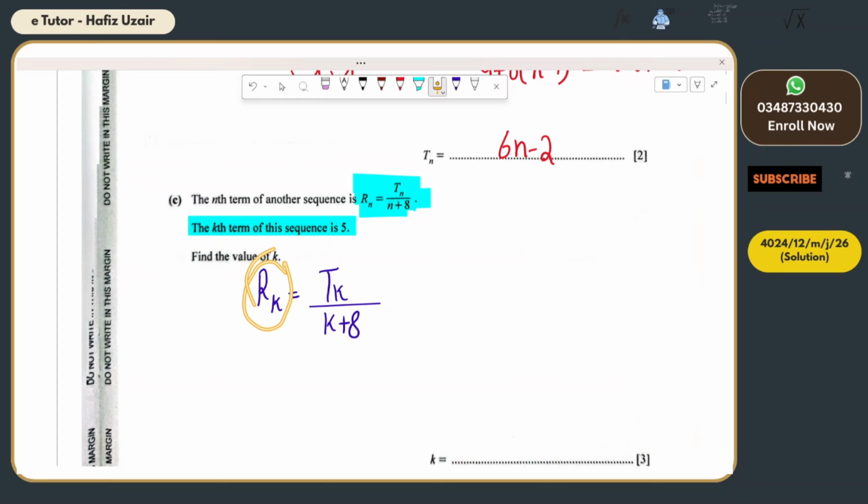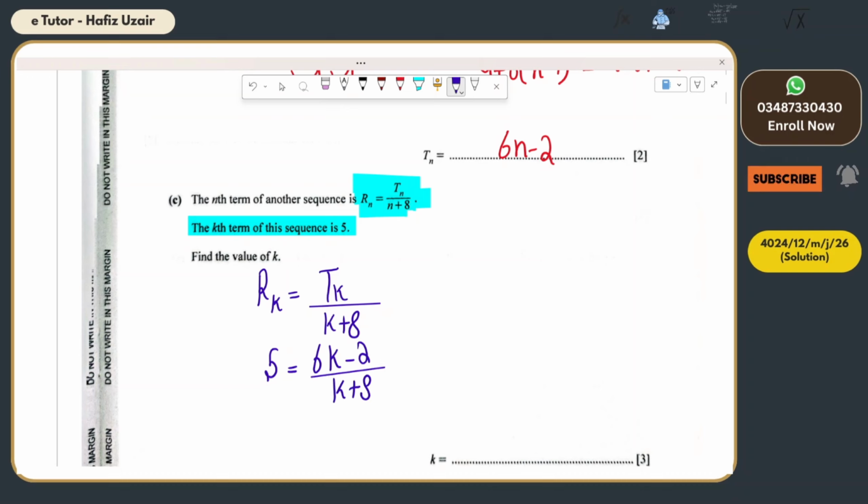Rk is the kth term, and the kth term of the sequence is 5. So you can simply write 5 over here. All right. So now Tk. Just replace n with k. So that will be 6k minus 2 over k plus 8. Put 1 in the denominator, just cross multiply then. So you will get 6k minus 2 is equal to 5 times k plus 8.